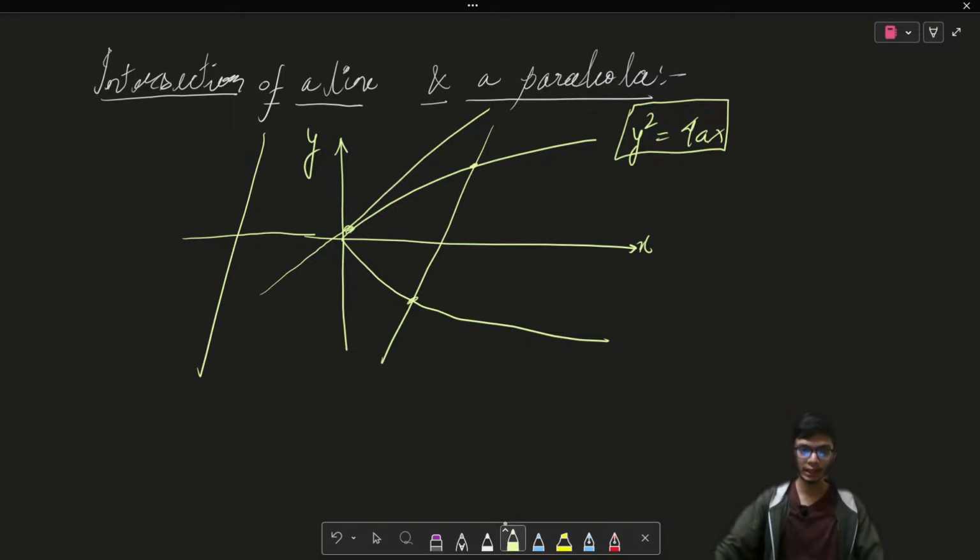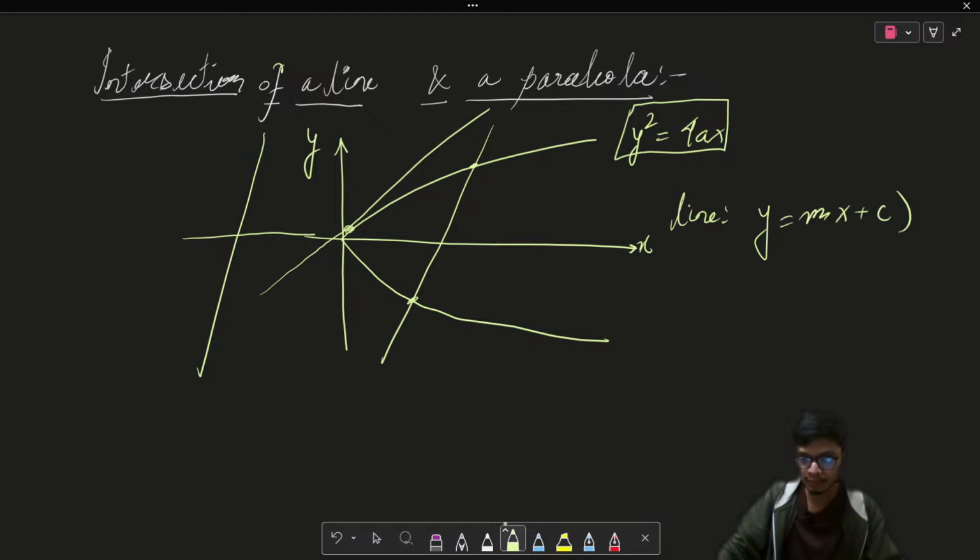Now, how to understand which line intersects or does not intersect is very simple. It is done by solving the line equation with the parabolic equation, and then we look for the solution or the roots of the resulting equation. Let us say that the line equation is given as y is equal to mx plus c.